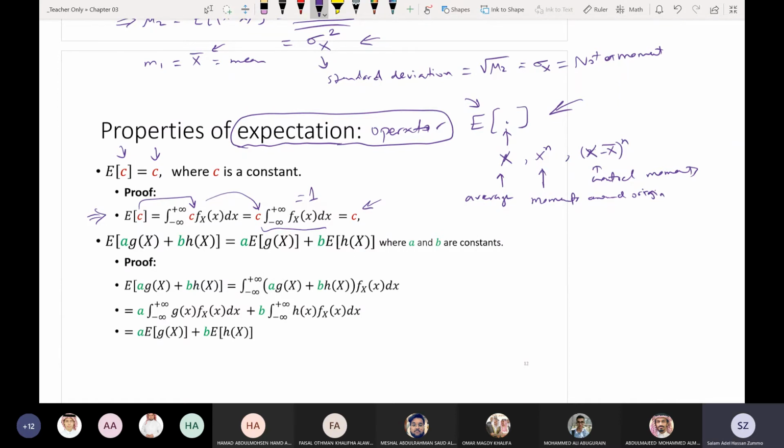So the expected value of a constant is equal to the constant. And this makes sense. When we say expected value of the constant, what do we mean? We mean the average of the constant, right? This is the average of C. So what is the average of C? If C is a constant, what is its average?